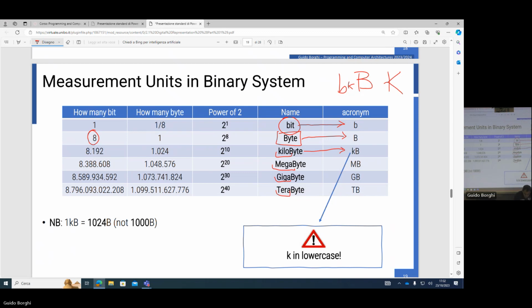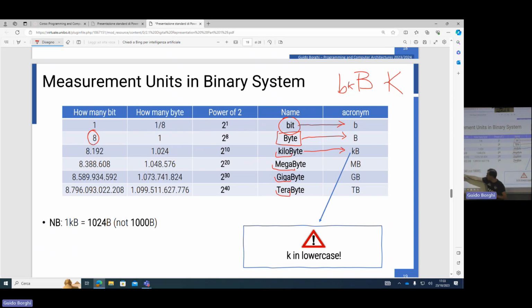k B. Then we have megabytes, gigabytes, terabytes, 2 to 10, 2 to 20, 30, 40. Okay. Remember that we are using the powers of 2. So 1 kilobyte corresponds to 1024 bytes. Okay. Maybe you recall the decimal positional system in which kilo is 1000, but with the powers of 2, we have different values.